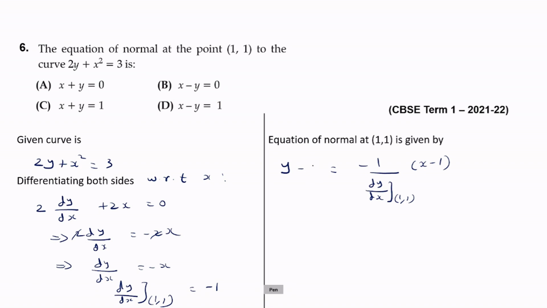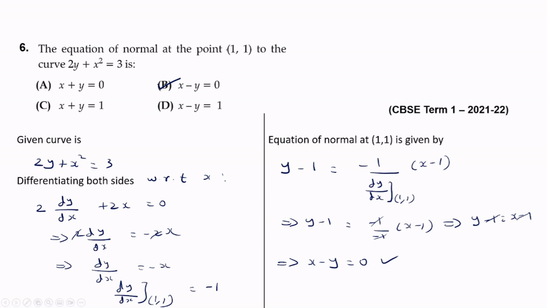Here y1 and x1 are 1 and 1. So we get y minus 1 equal to minus 1 by minus 1 into x minus 1. So this becomes positive, or we have y minus 1 equal to x minus 1, minus 1 will go. From this we get x minus y equal to 0. So this is the equation of normal at 1, 1 to the given curve. So the correct option is option B, which is x minus y equal to 0.